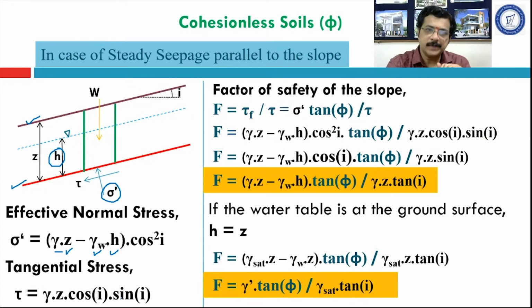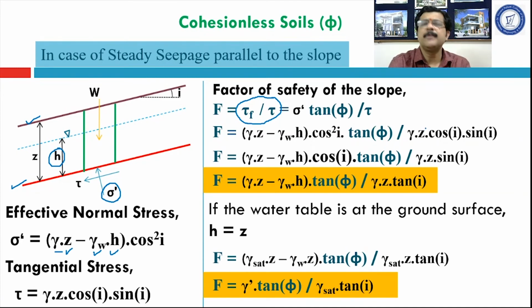Now what is factor of safety? It is tau f upon tau, that is shear strength upon shear stress. So tau f would be sigma dash tan phi, upon tau. So sigma dash has been substituted with its value which we have found out before, and tau is gamma z cos i sin i.